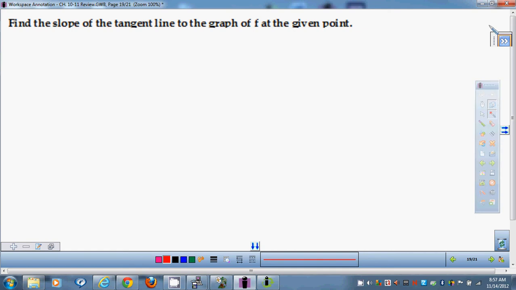Find the slope of the tangent line at the given point. What's this going to be asking me to do? What does that mean? What's the problem going to look like? You think it's going to be a picture? Find the slope of the tangent line to the graph. You think it's going to be a formula. I bet that too. And what are you going to have to do with that formula?